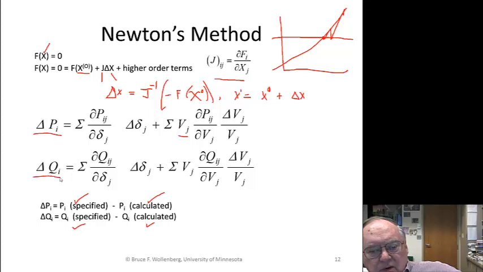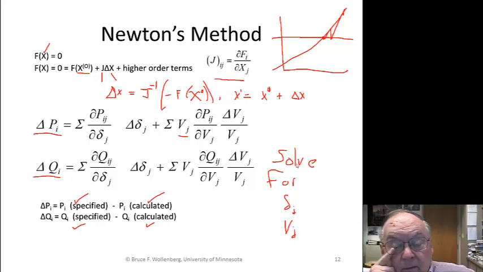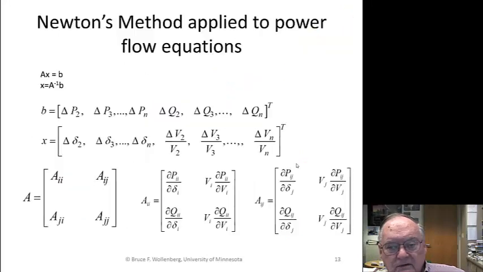So this is a number, and the idea is that we get a vector of delta p and delta q, and we solve for delta j for every bus and vj. So we're solving for the voltage magnitude and phase angle everywhere on the power system. So Newton's method applied.